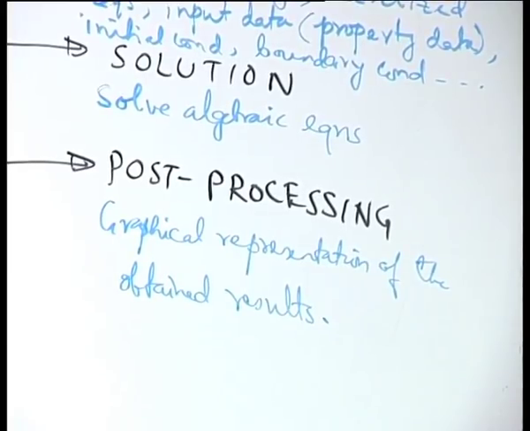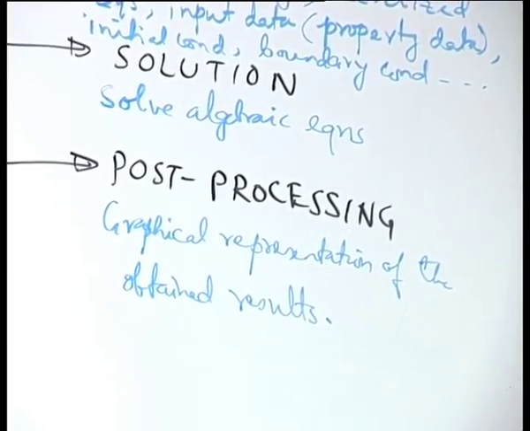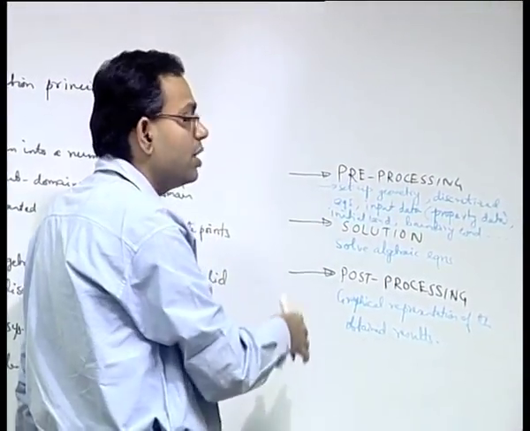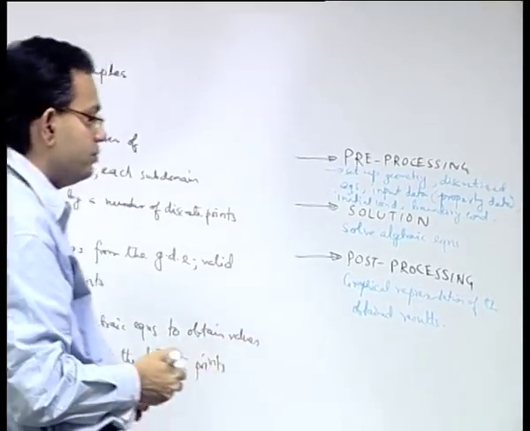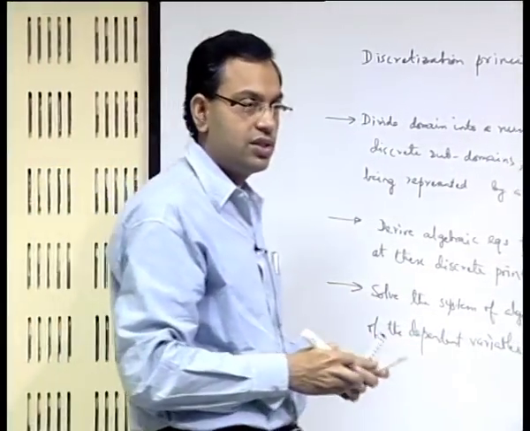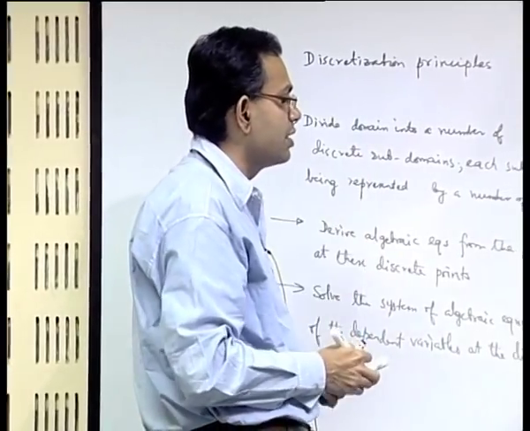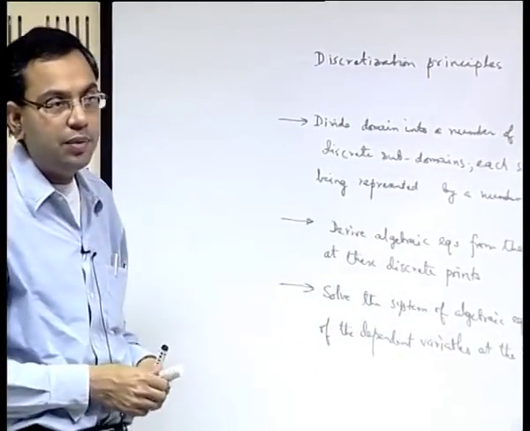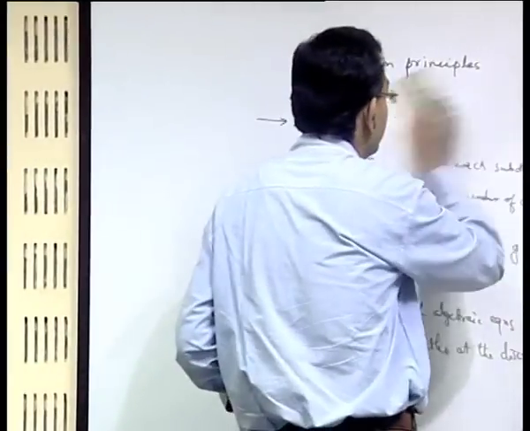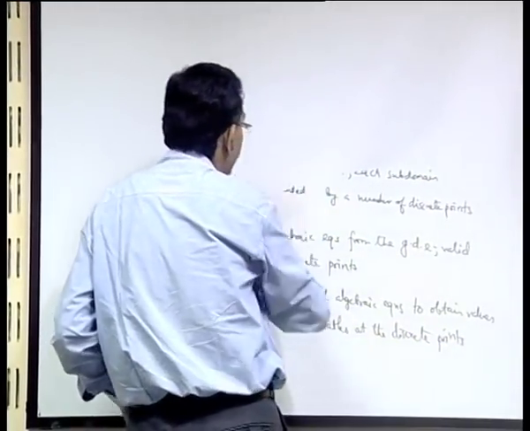No matter whatever numerical method we are adopting, the method will go through these steps so long as we are solving the problem in a continuum perspective. We will take up some examples of numerical methods which illustrate these principles, and the first example that we take up is the finite element method. So, let us consider the finite element method.